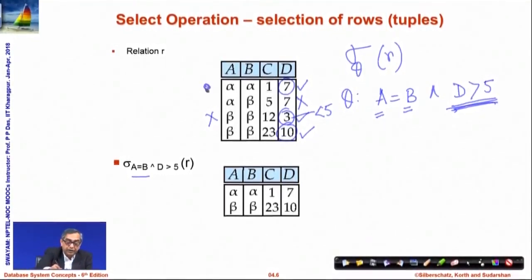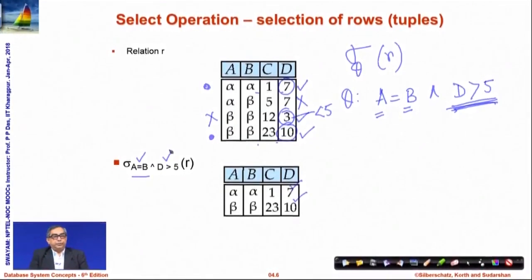So, we finally arrive at the selected records in the result: alpha alpha 17, beta beta 2310. In both of these records A is equal to B, and in both of these records D is greater than 5.